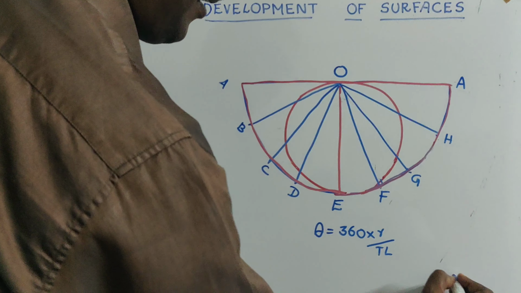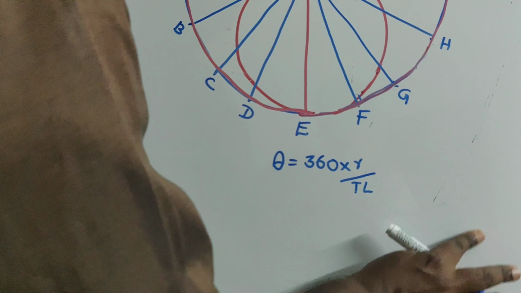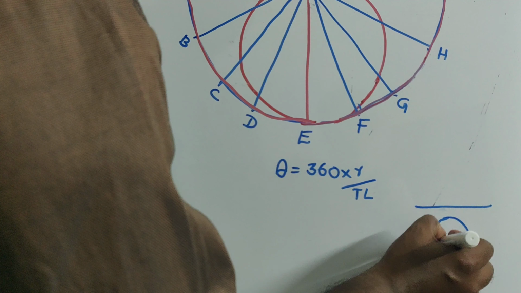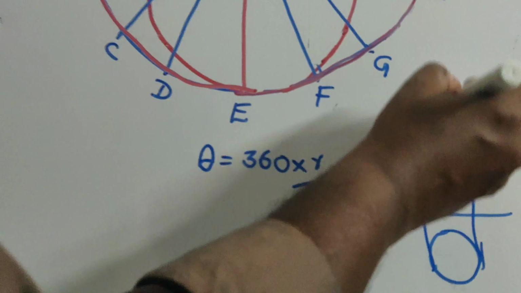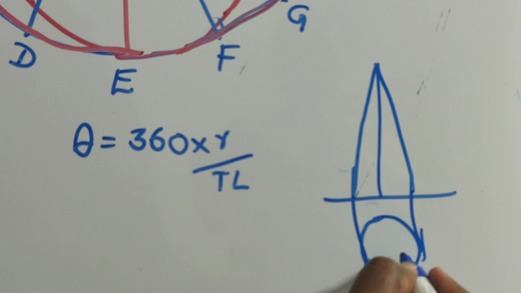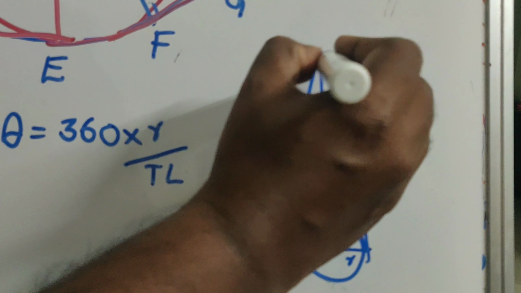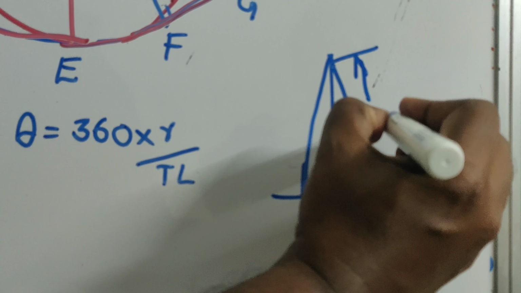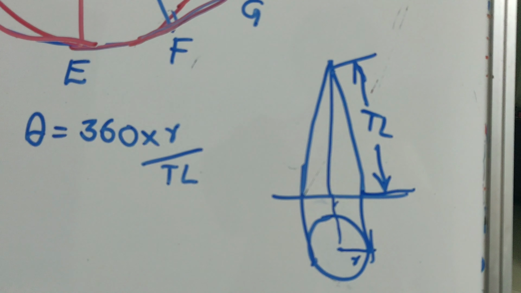If you have a top view and a front view of the cone like this, this is the radius r and this is the true length TL. So you get this r by TL.